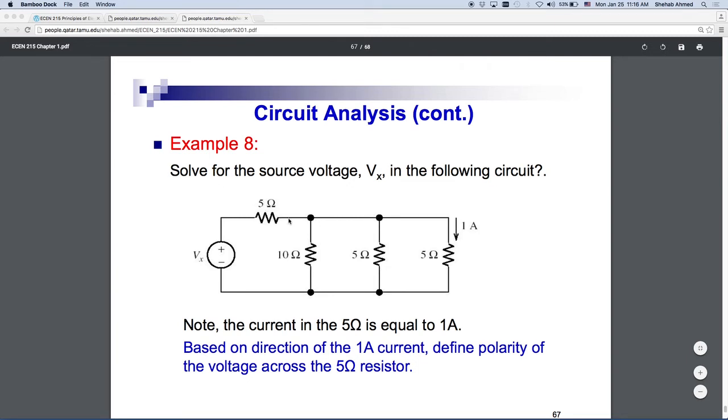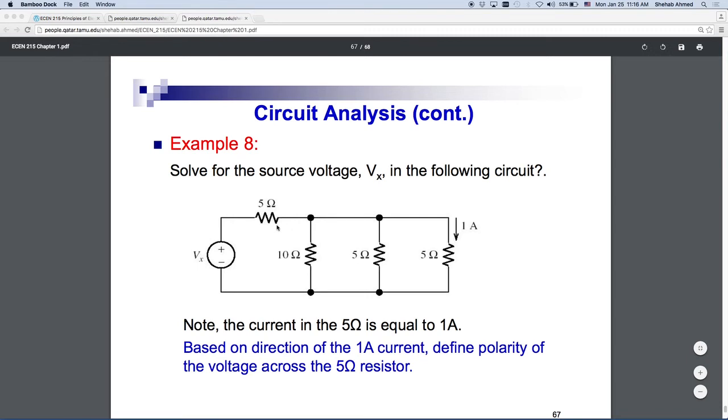If you solve for IX and you find that it's positive, what's the next thing you can do? You find the polarity across the resistor, because what you want to find is Vx, and I don't know Vx. Go around this loop. I know that the voltage across this resistor is 5 volts, and I know its polarity, plus on top, minus on the bottom. But I'm trying to do KVL to find Vx, and I cannot, because I don't know the voltage polarity across the resistor.